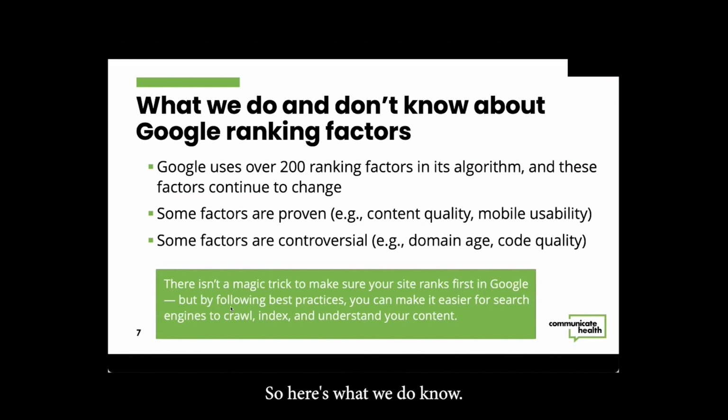So here's what we do know. Google uses over 200 ranking factors in its algorithm, and these factors are continuously changing. For example, one thing we'll talk about is metadata, and using keywords in your metadata. And there's been a lot of debate about that.